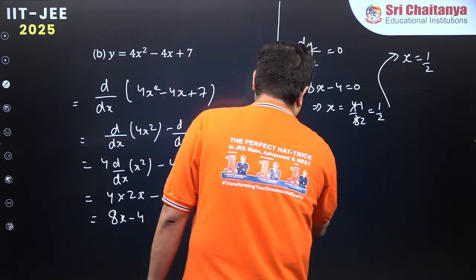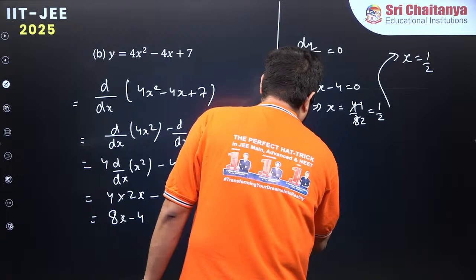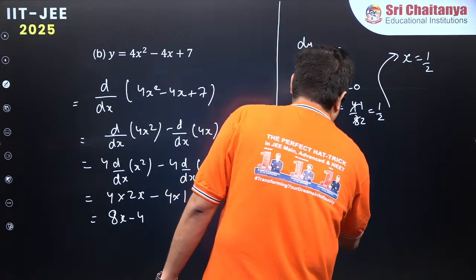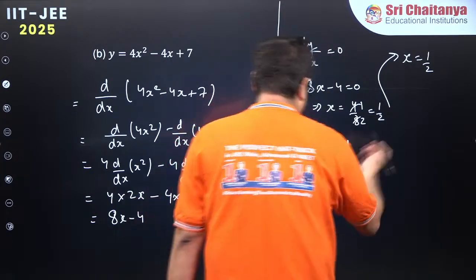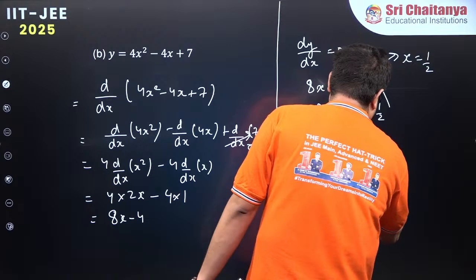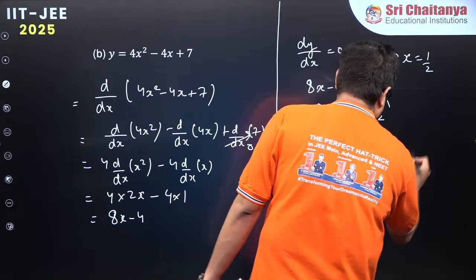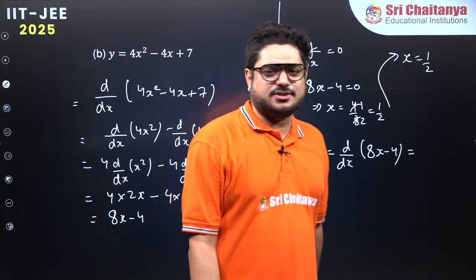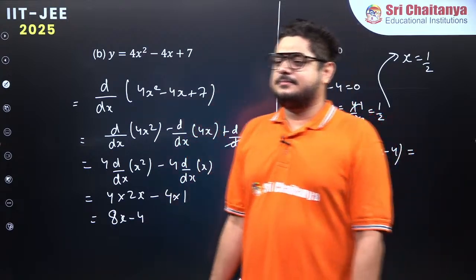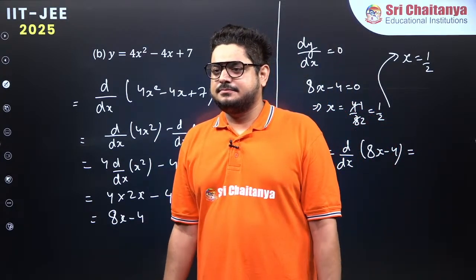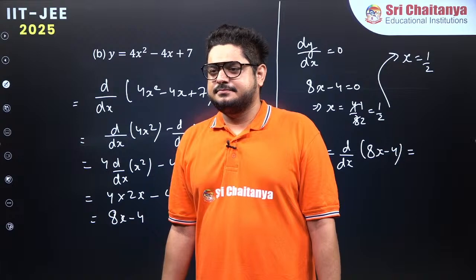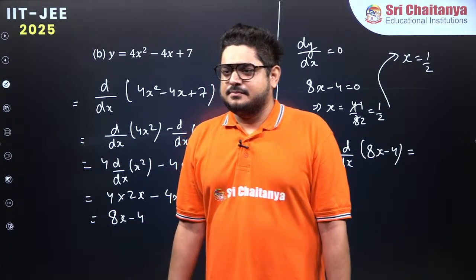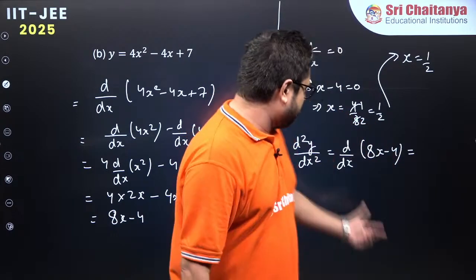So what needs to be done? Perform d2y by dx2. That means d by dx of the step I was writing previously, 8x minus 4, which is going to be what? What do you think will be d by dx of 8x minus 4? I am asking you to write this down.